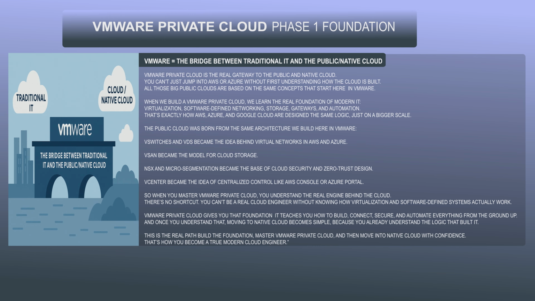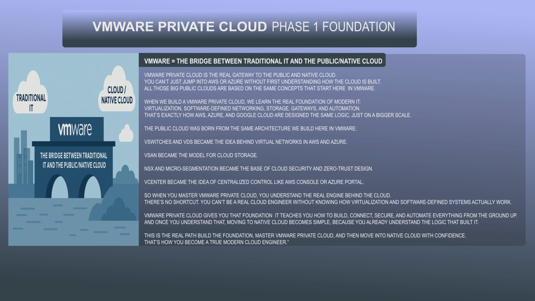The public cloud was born from the same architecture we built here in VMware. vSwitches and VDS become the idea behind virtual networks in AWS and Azure. vSAN becomes the model for cloud storage.